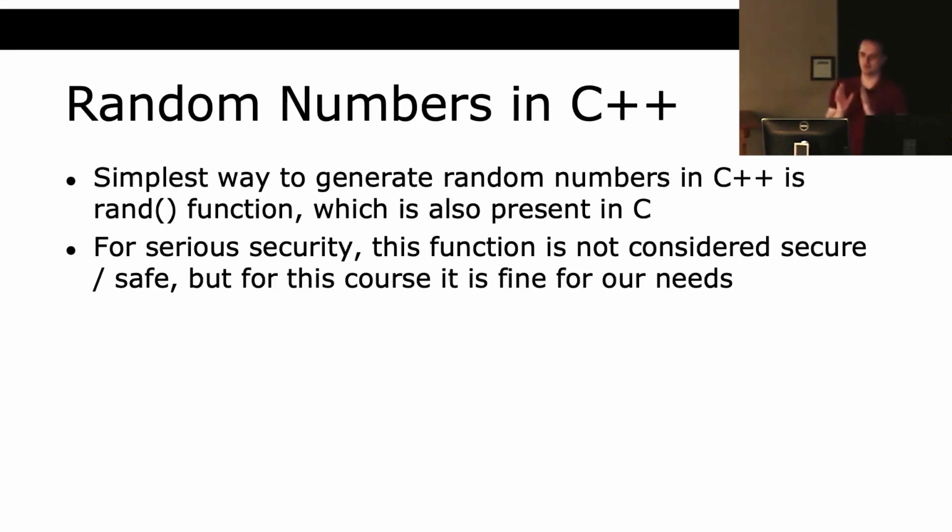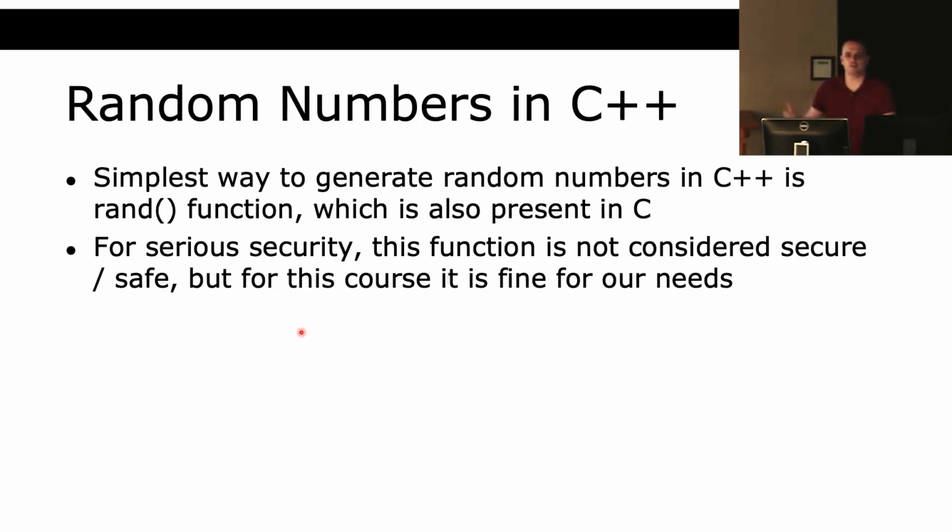Now, for serious security, never use the rand function. Flaws in rand have been pointed out for the last 30 years, but it's fine. We're not doing banking encryption here. We're generating where enemies spawn in a game, right? So it's fine for this course.